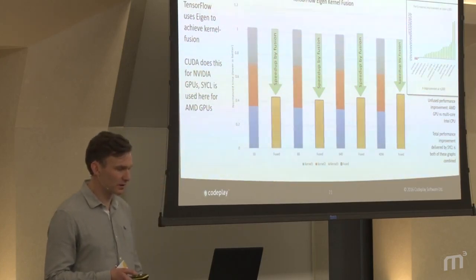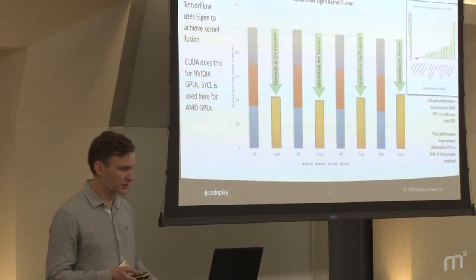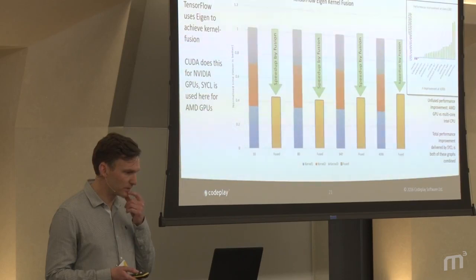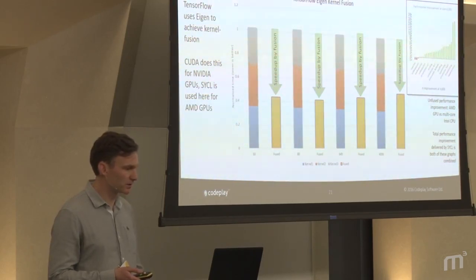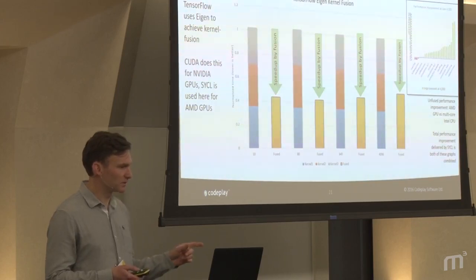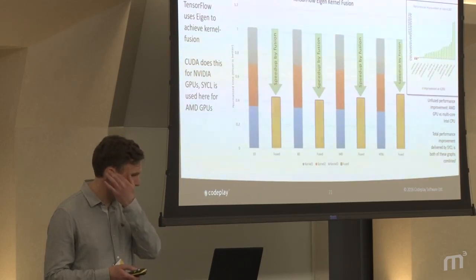So, if I explain this for better context, there's effectively 3 different kernels that exist. So this might be, as I say, A times B times C, and then an addition to that, and then a further operation, might be multiplication or something like that.